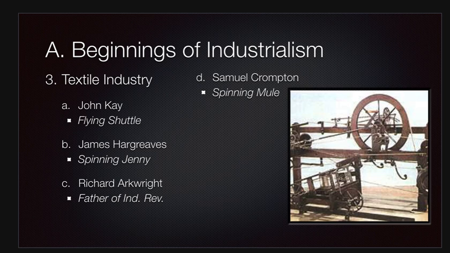Let's move on to Samuel Crompton, who had, Sam, go ahead, Victoria. So he invented the spinning wheel, and to do that he used 2 earlier inventions called the spinning jenny and the Arkwright's water frame. Mm-hmm.